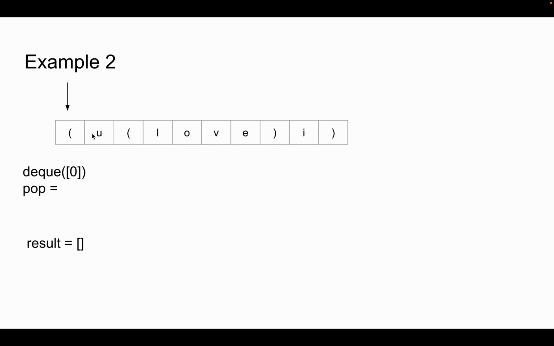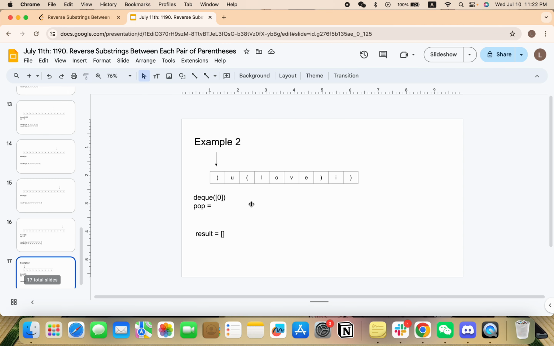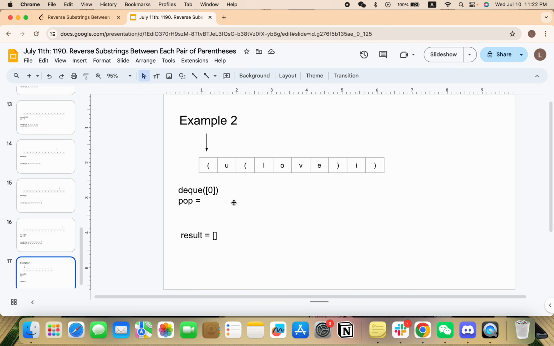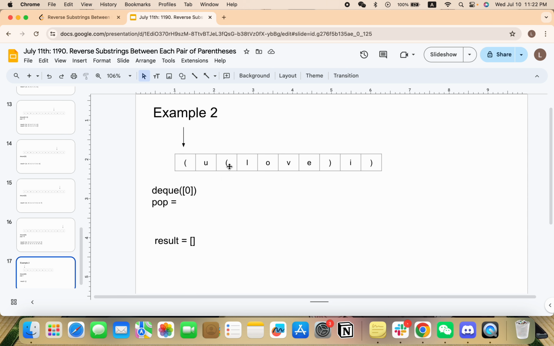All right, let's walk through an example together. I don't know how to draw, so I just use Google Slides. This is the "you love I" case, where in the beginning your deque has a 0.